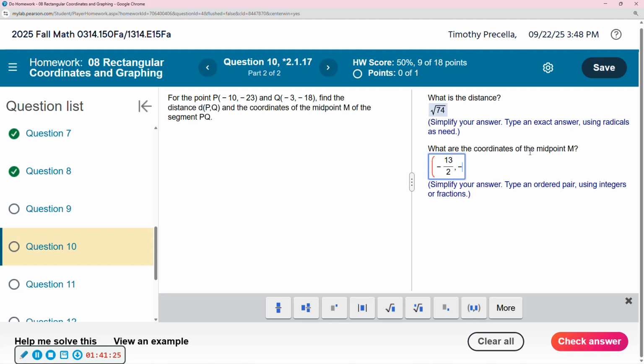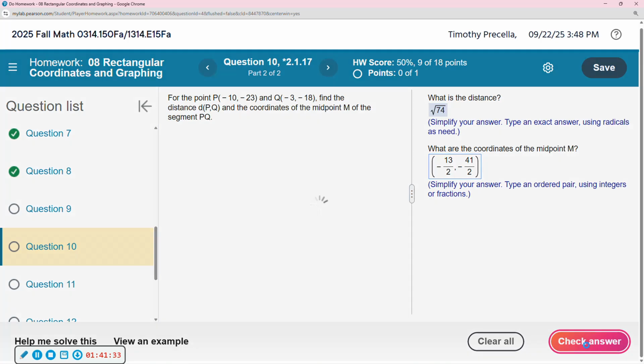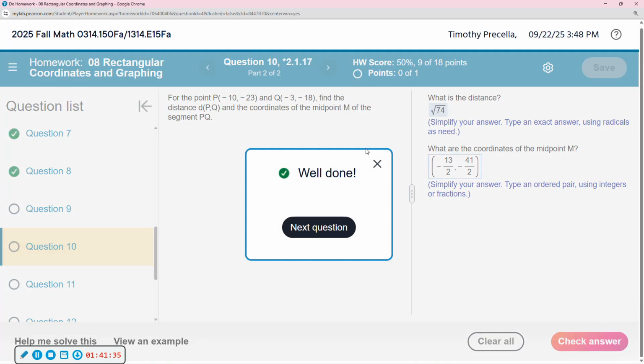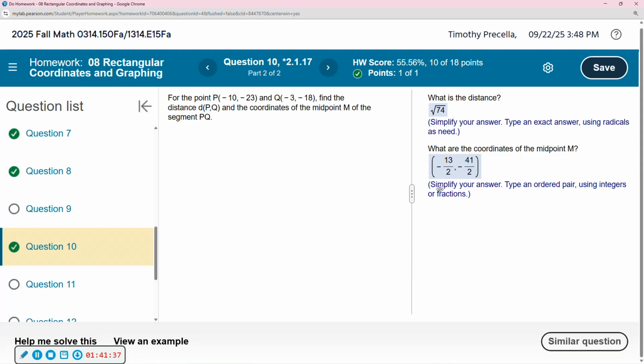If you put the comma and negative 41 down here, over 2, it'll probably count that wrong also. Commas should not go in denominators of fractions. If you had to put those big parentheses, it would count it wrong. Well, you just type a regular parenthesis. The program automatically makes it big to hold the entire fraction.